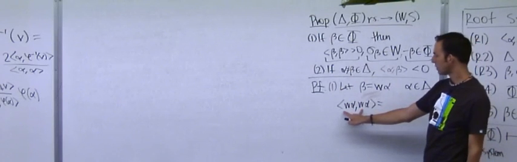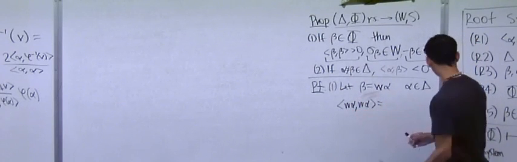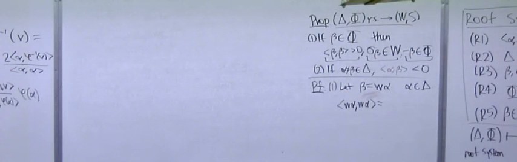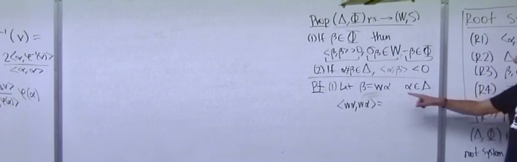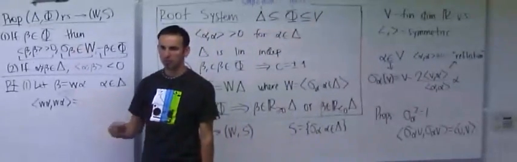To be a tiny bit careful, the reason is that we know that these sigma alphas do preserve my inner product. Right? Reflections preserve the inner product, and my group W is generated by them. Right? What that means is that this element W is a product of reflections.